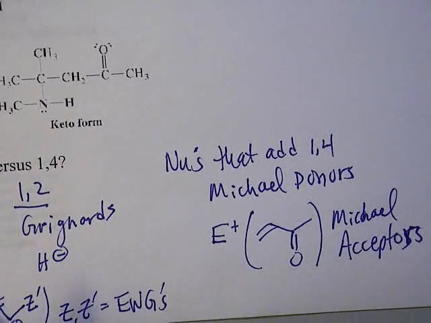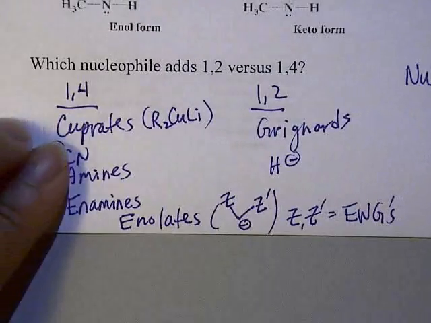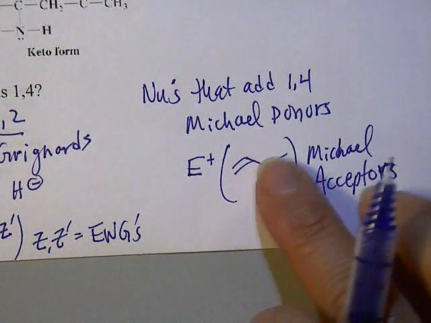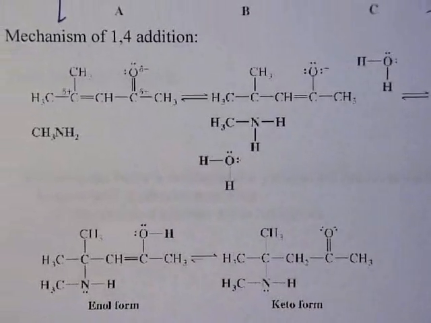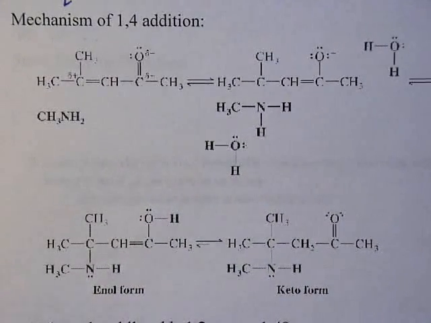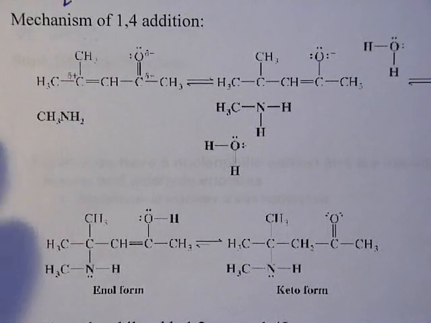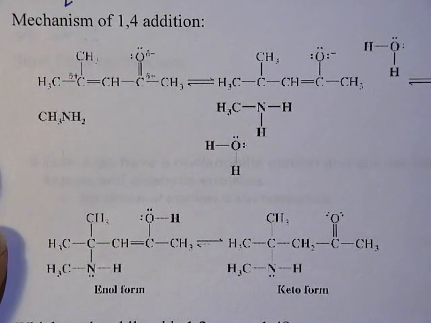So these 1,4 nucleophiles, all that are listed here, are Michael donors, and the alpha beta unsaturated would be called Michael acceptors. So basically, you just kind of have to know that most nucleophiles, other than Grignard and hydride, tend to add 1,4 if you are reacting alpha beta unsaturated compounds as your electrophile.